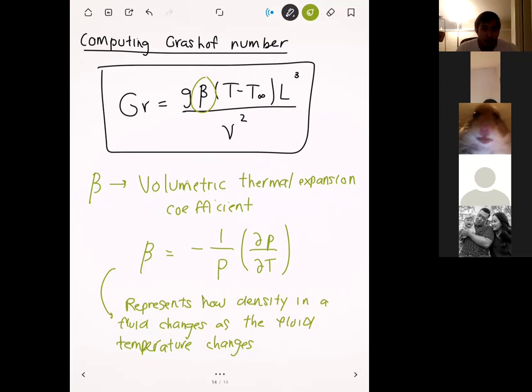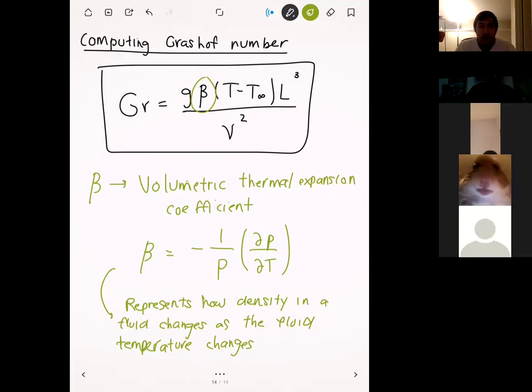So this beta parameter, you can almost think of it as a way to mathematically look at the graph of how density changes and then put a single number to it. For our calculations, we're going to do an approximation of this, since it's a bit hard to compute in practice. But based on just the film temperature that we'll see, you can get a decent approximation for this.